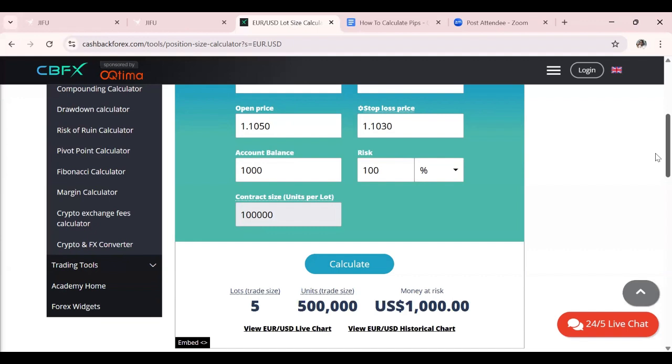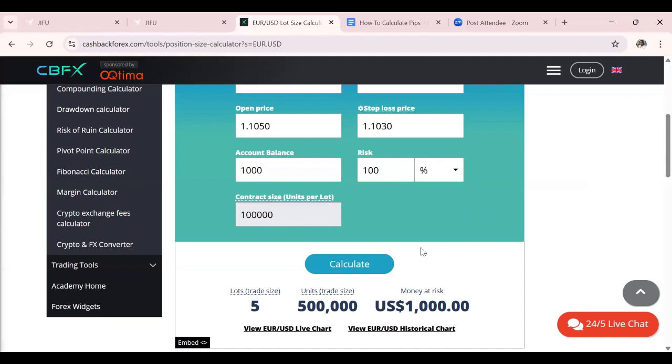Can you see? Yes. That's why I said we should keep things very simple and straightforward. So you can see here that you need to trade 5 lot sizes for you to lose your 1,000.